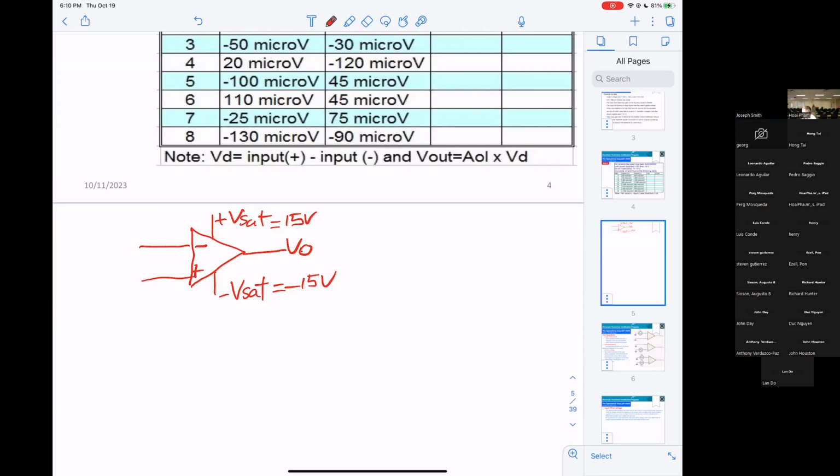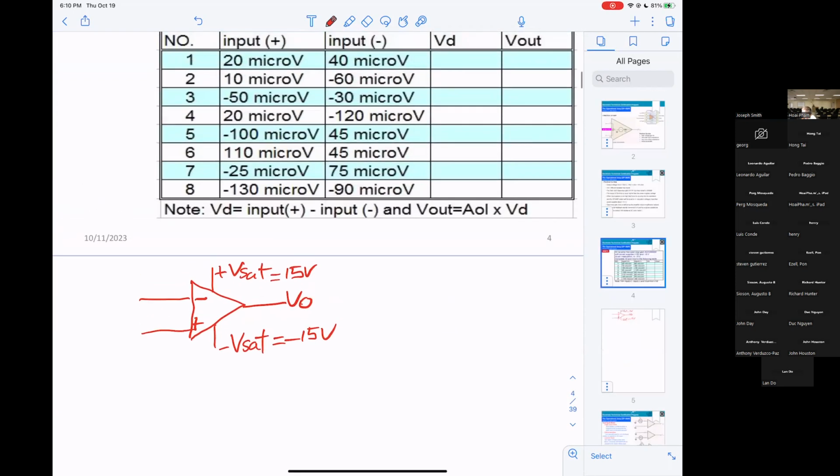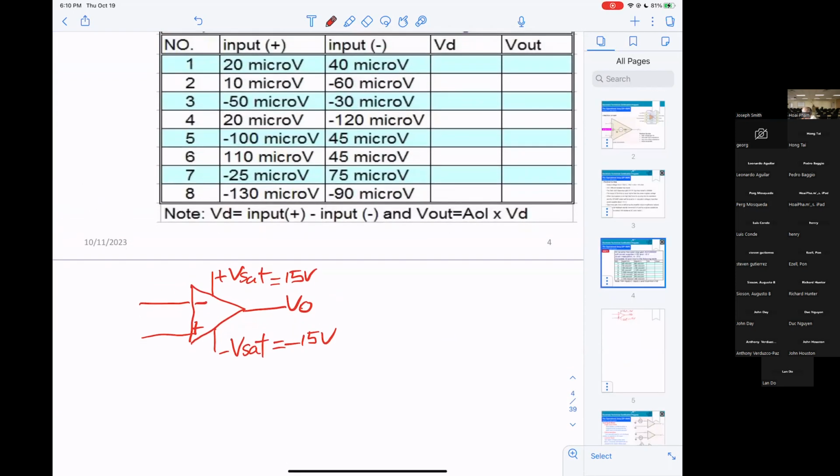Okay, let's see. Input 20 microvolts and 40 microvolts, and the gain.